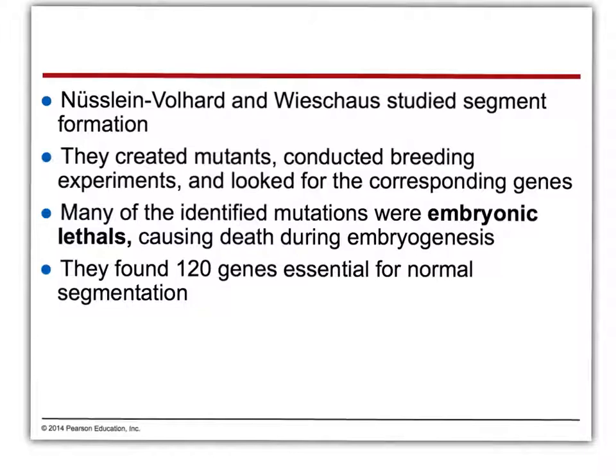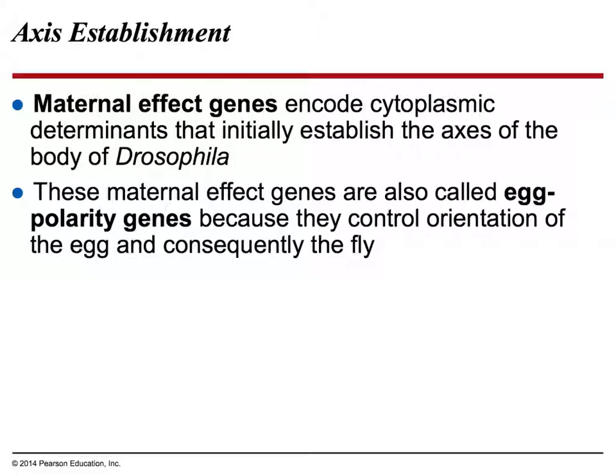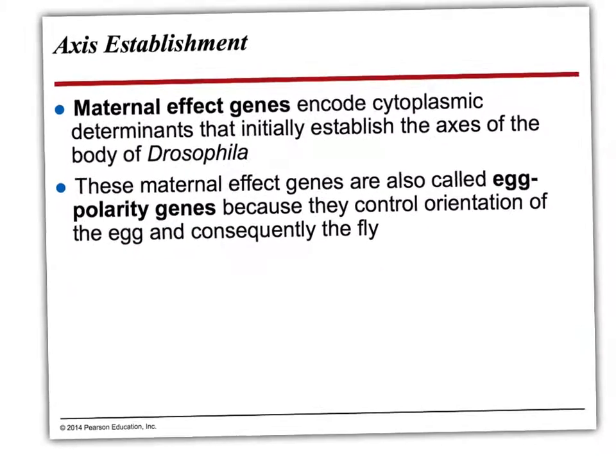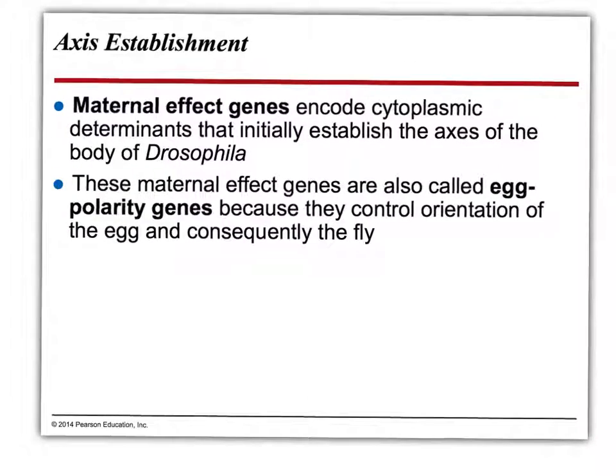Okay? So overall, they found that there are 120 genes essential for normal segmentation, 1 through 13. All right? And the parts being head, parts being tail. Within those genes, they separated them into maternal effect genes and polarity genes.